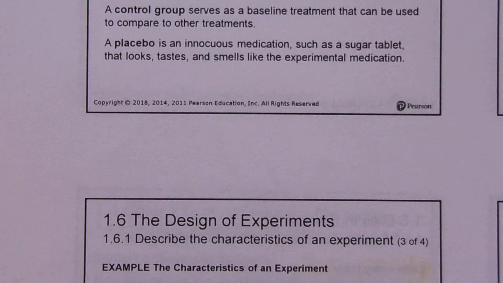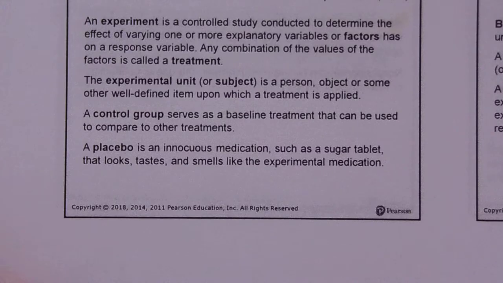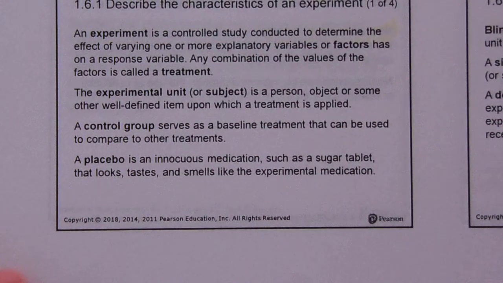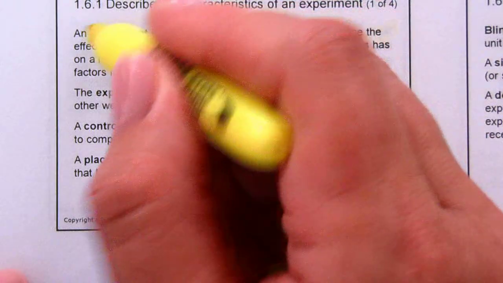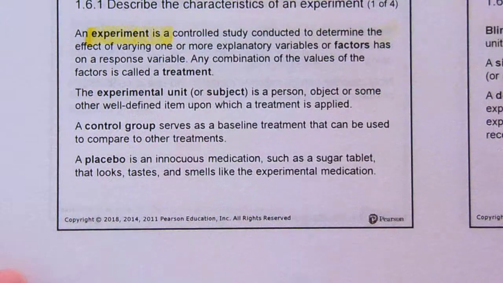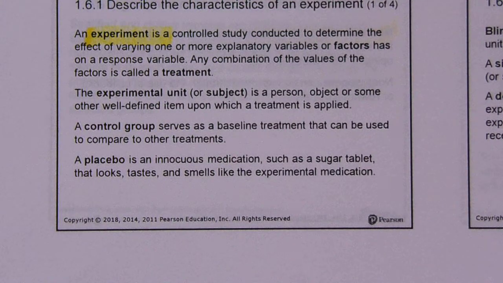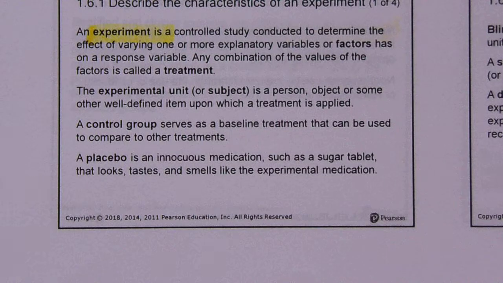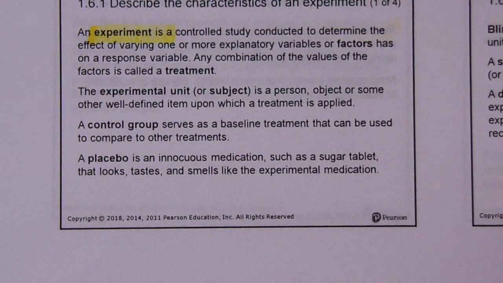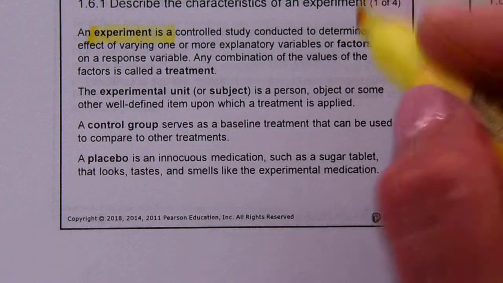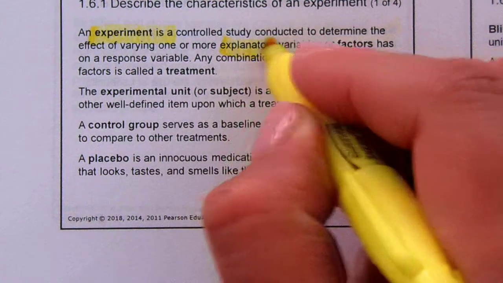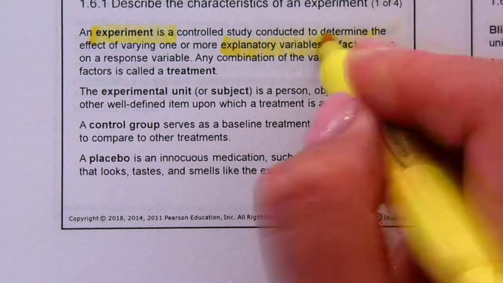Okay, so when we have designed experiments, just a little bit of vocabulary in that. So remember, a designed experiment is a controlled study where we control who goes into which groups. We design it in a specific way. Okay, things that affect the response variable are called the explanatory variables or factors.